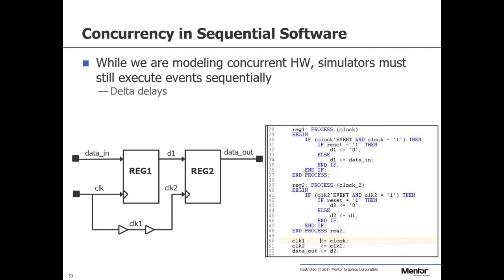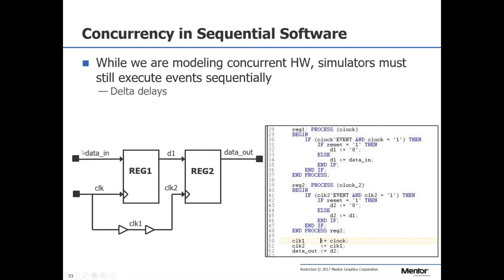So the simulator does one thing at a time, but there's a kind of simulation queue that helps you simulate all these parallel events that are happening. And so sometimes you will have issues with things like race conditions, and there are 0 time delay steps that happen.